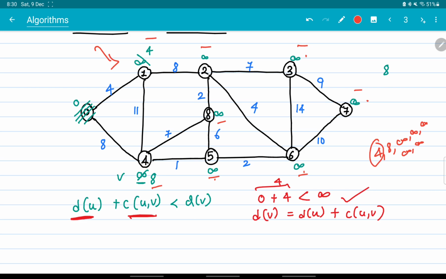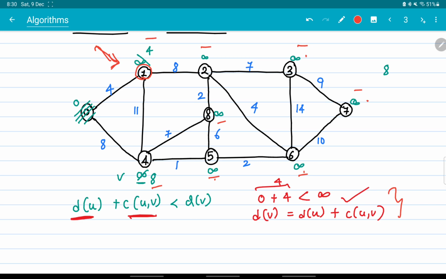So now I'm going to consider my vertex 1 as my source vertex or the starting vertex. And now I will follow these same steps again, and I'll check the nodes that are directly attached to 1. So 4 is my minimum distance. Minimum distance of which vertex? Vertex 1, right? I have chosen vertex 1.